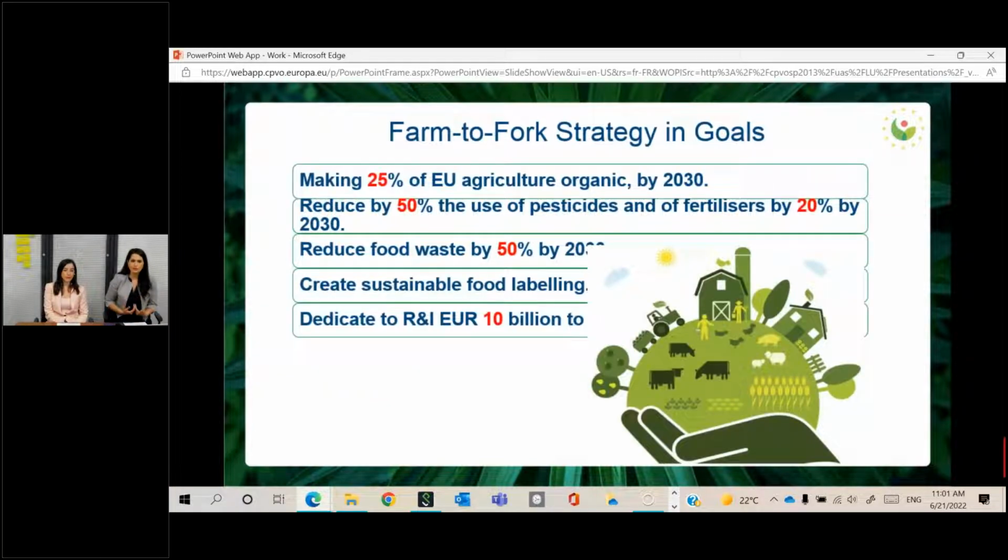The farm to fork strategy also includes some very precise objectives. You can see them here on the screen, and we see again, except for food waste, which is more about our lifestyle in general, a better use of the land and, what's interesting, reduced use of pesticides.